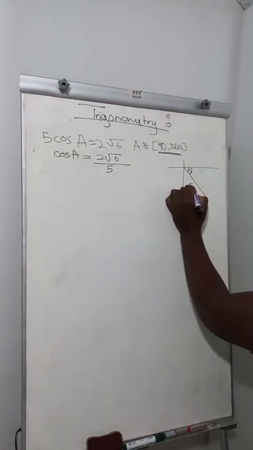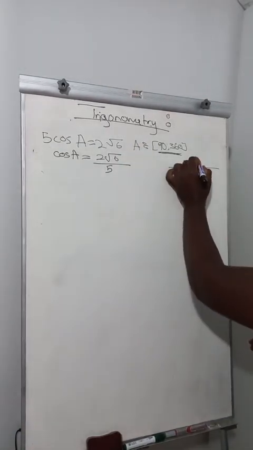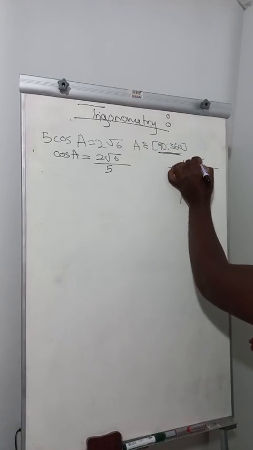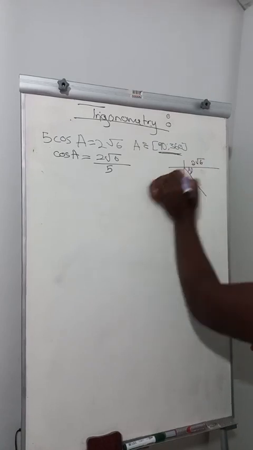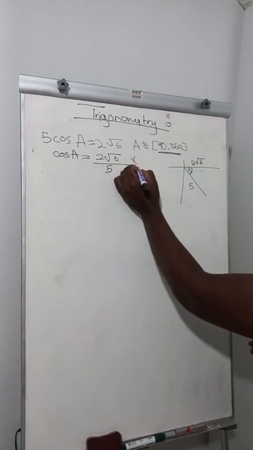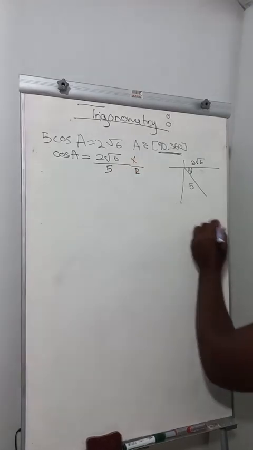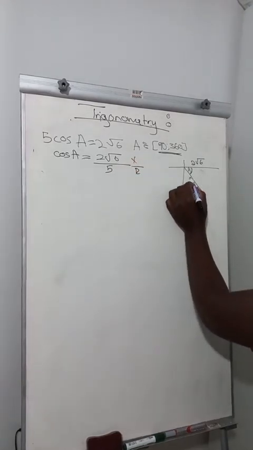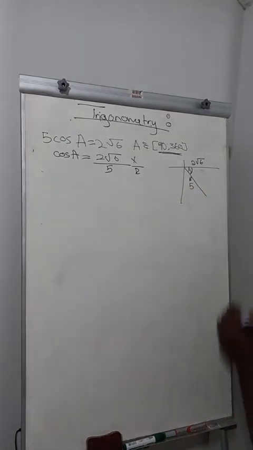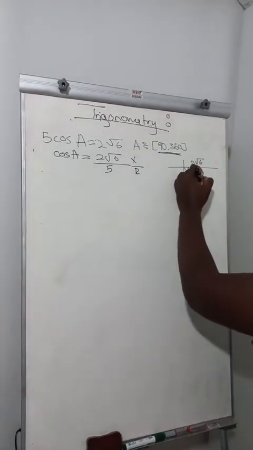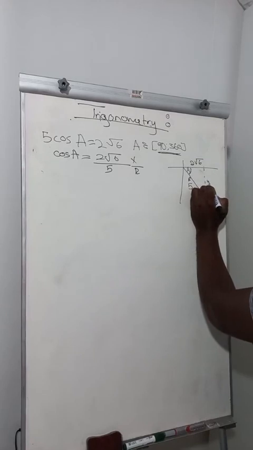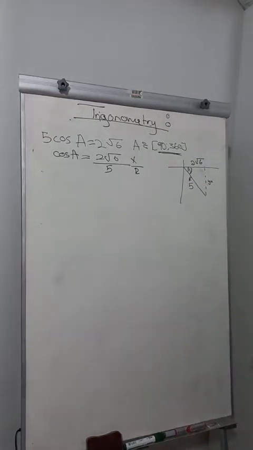So here you'll have 5, and here 2 square root of 6, because this is x divided by r. This is r here, and this here is y. So you'll say y is equal to this.